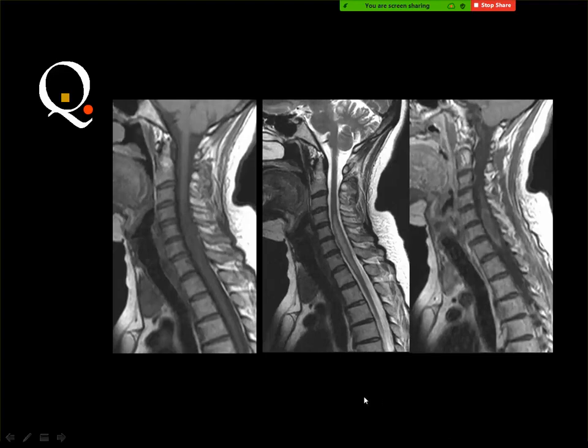So is it abscess? No, this is not marginal enhancement. Intramedullary abscess is an extremely rare pathology. This is intramedullary. Okay, forget about enhancement. What do you think of these two images?